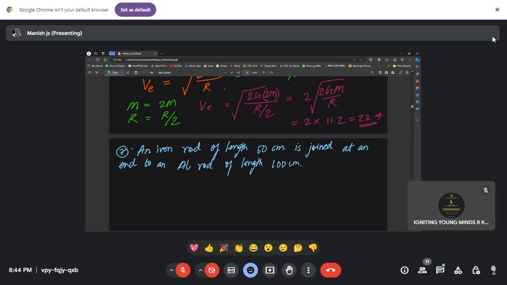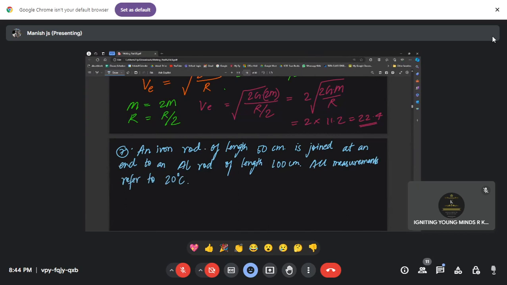So the aluminium rod length is 100 centimeters, the iron rod is given 50 centimeters. All measurements refer to 20 degrees Celsius.